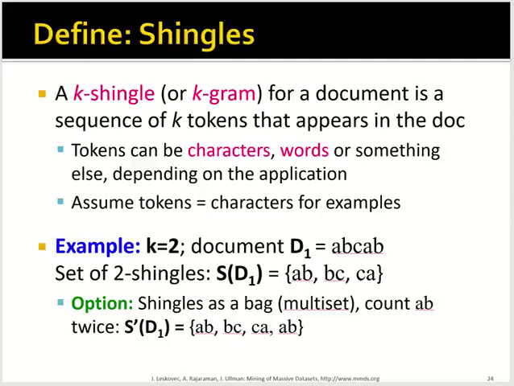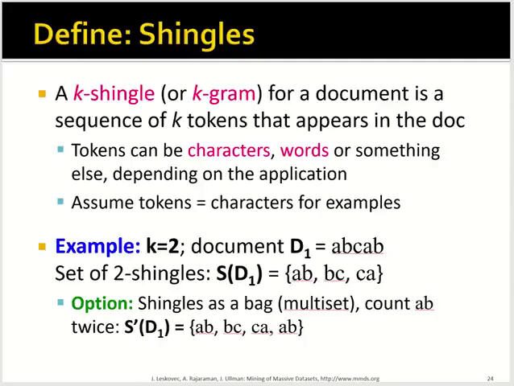Thus, if the corpus of documents is emails, picking k equal to 5 would be okay. Why? Suppose only letters and a general white-space character appear in emails, although in practice most of the printable ASCII characters can be expected to appear occasionally.